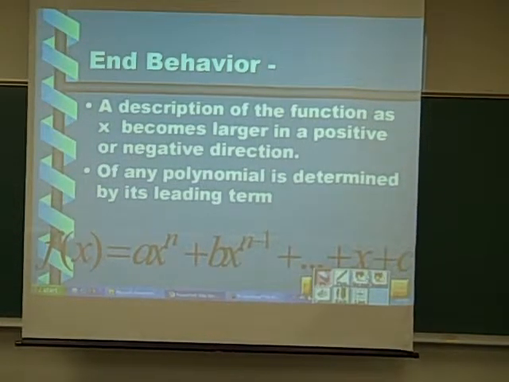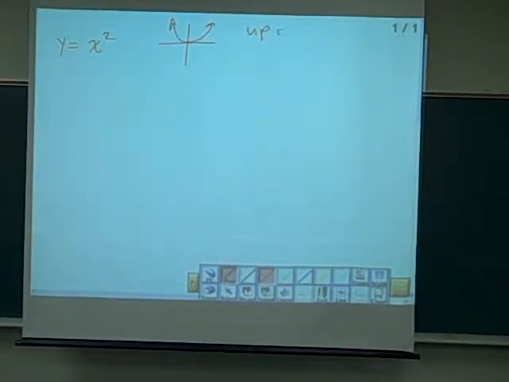Let's take a look at some notes real quick. If we have y equals 2x squared, we know that it opens up and to the right, up and to the left. If we have y equals a negative x squared, it opens down to the right and down to the left.